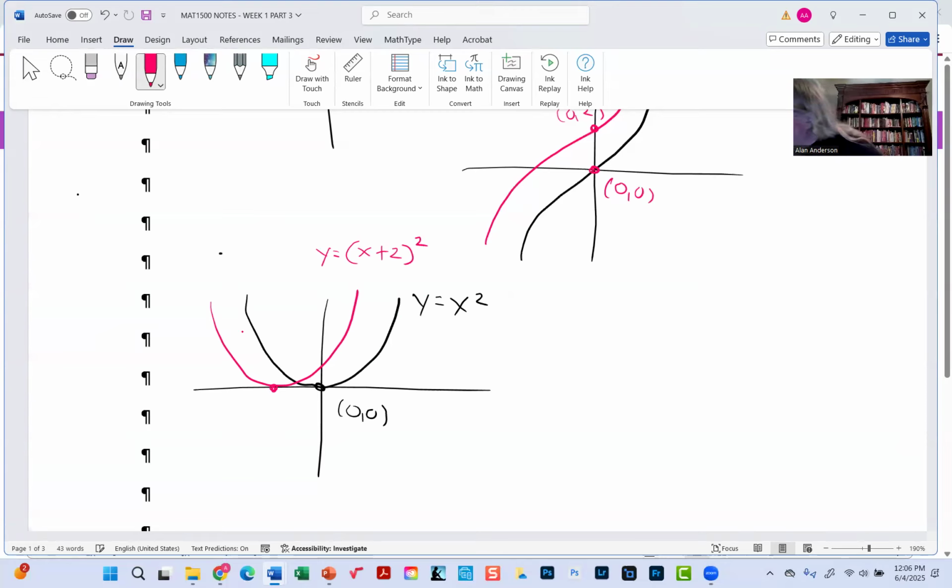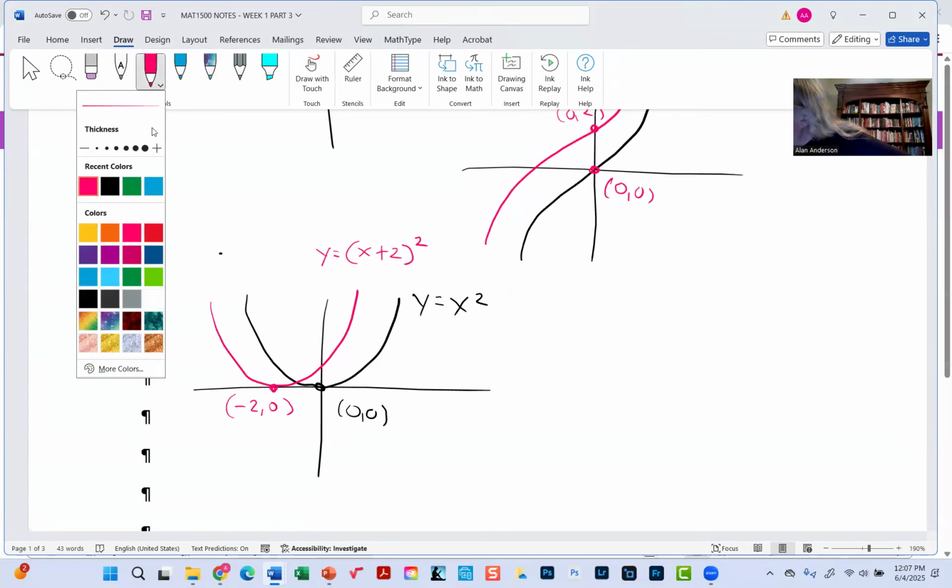And you can see when x is negative 2, y will be 0. So it doesn't sound right, does it? No. But by adding that 2 inside the parentheses, the intercept is shifted to the left and becomes negative 2. And you can probably guess what's going to happen if I shift it to the right.